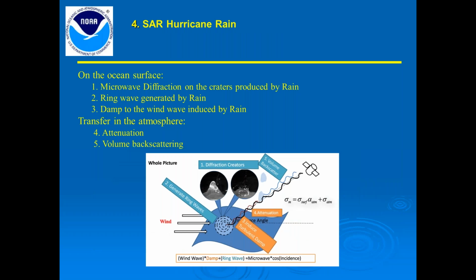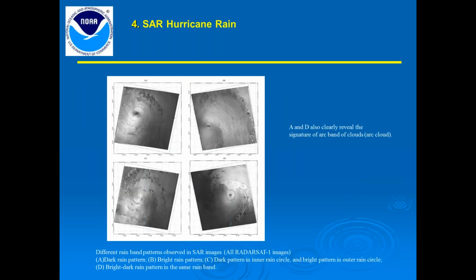And then we also have some hurricane rain studies. There is a lot of physics involved in contributing to the backscattering signal from the rain-roughened surface. On the SAR imagery within the hurricanes, you can see the patterns are different.